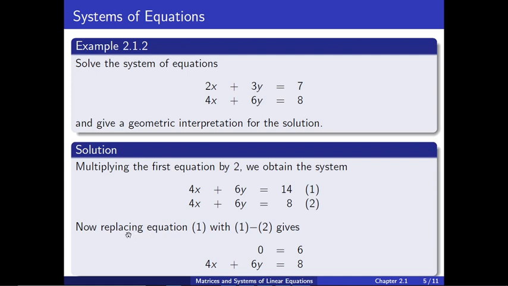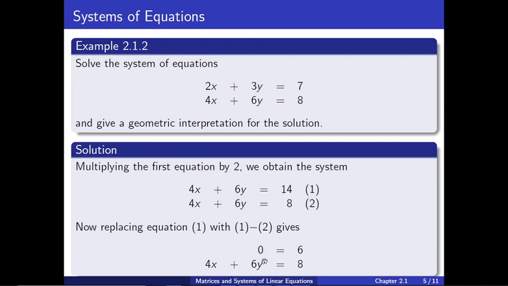Now if we replace equation 1 with 1 minus 2, we see that 4x minus 4x is equal to 0, 6y minus 6y is equal to 0, and 14 minus 8 is equal to 6. So we have a new system, 0 is equal to 6, and 4x plus 6y is equal to 8.